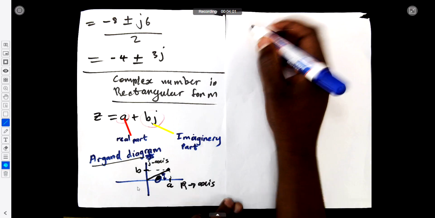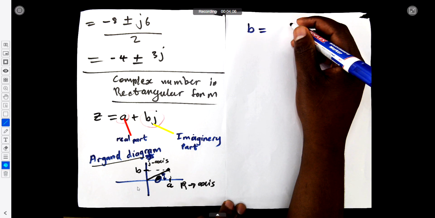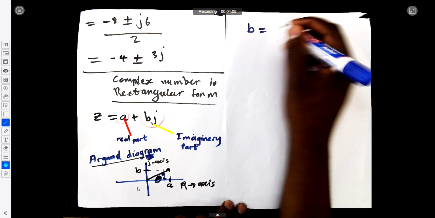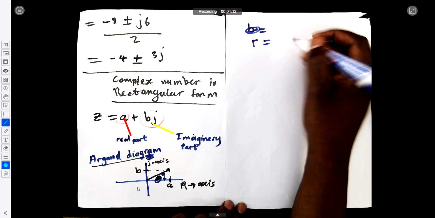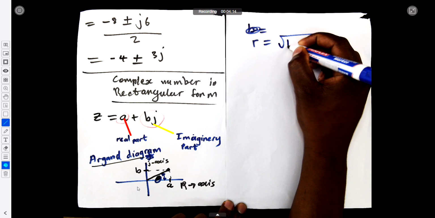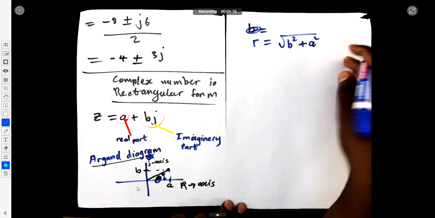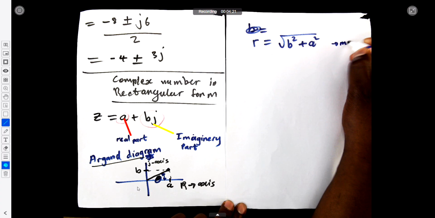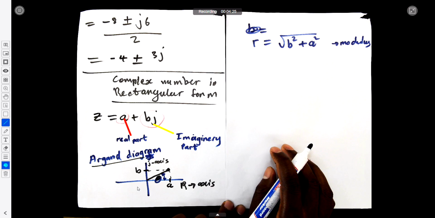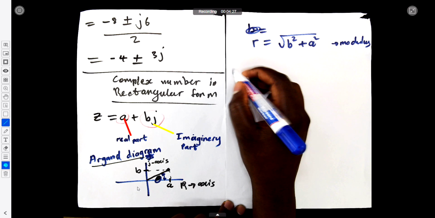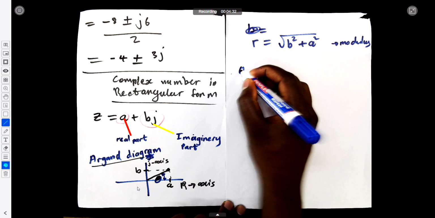You need to know how we find R, for example, before we go to polar form. If you find R, which we call the modulus, it will be the square root of b squared plus a squared. And we need to know how to find our argument theta.